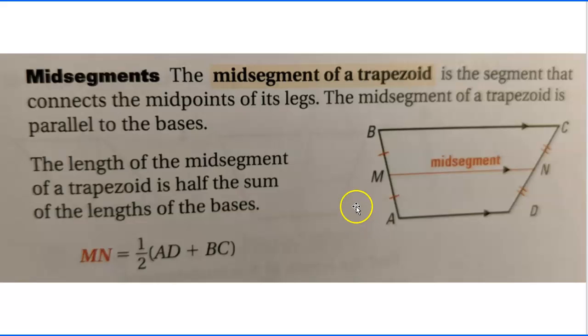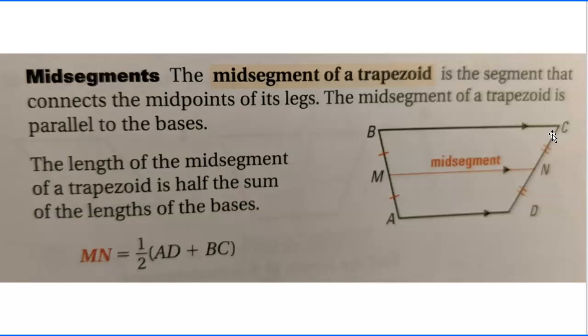So remember, here's our legs. The mid-segment is connecting the two midpoints of the legs. That's going to mean the mid-segment of a trapezoid is parallel to the bases, but that's going to mean that it cuts these in half. And this would be congruent to this, and this would be congruent to that.